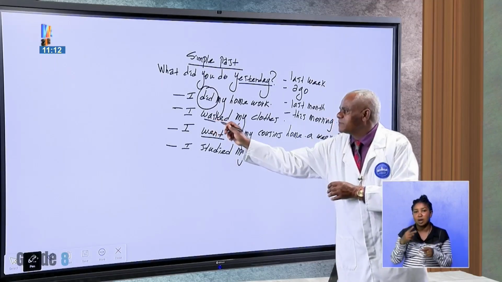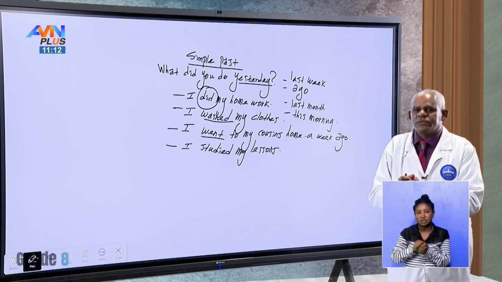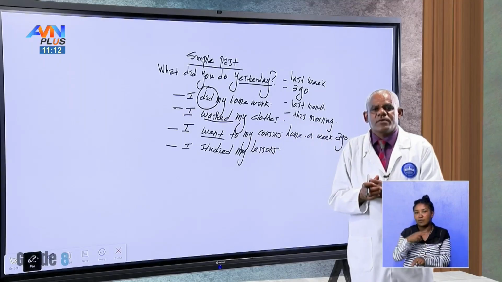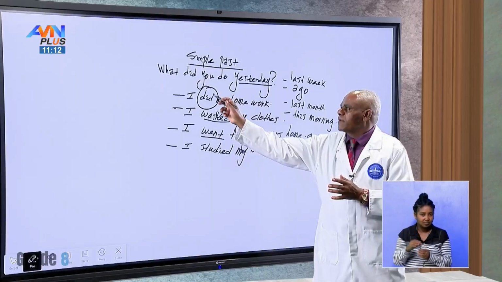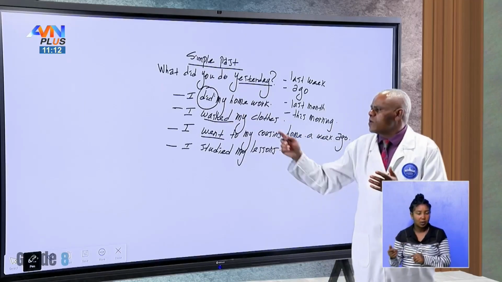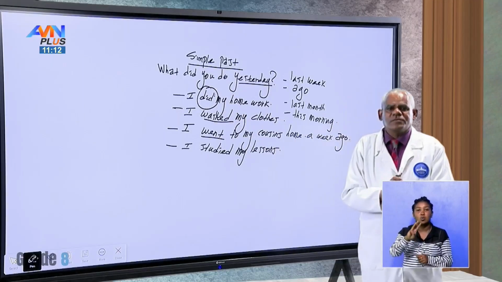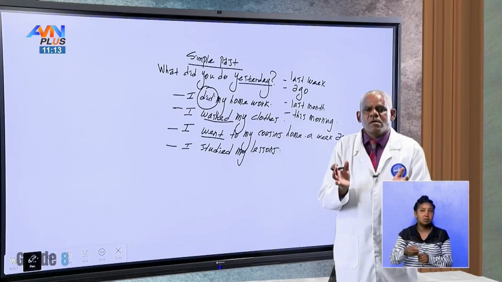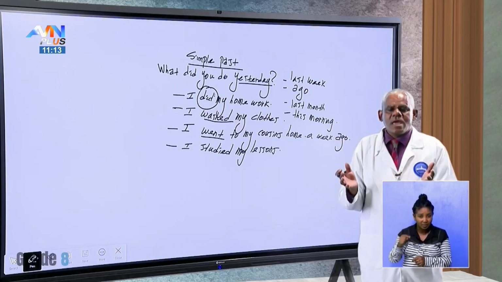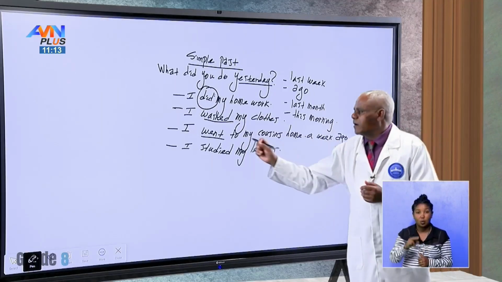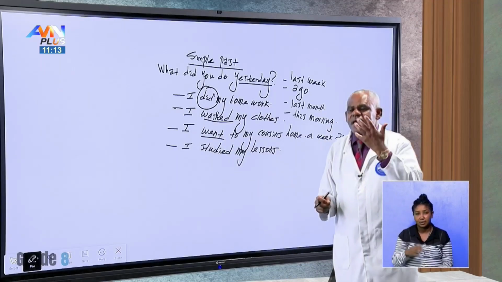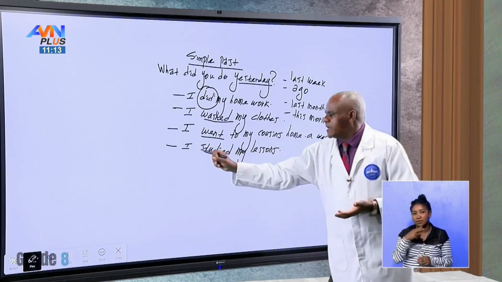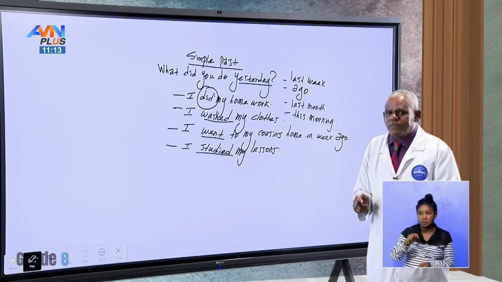When it comes to washed, this wash is a regular past verb. So that is easy. Irregular, regular. Went again is an irregular past verb. You see, go, went, gone. Said is also another form, right?